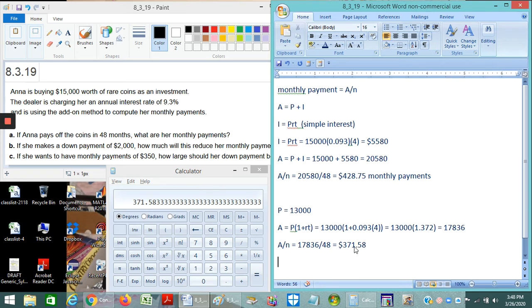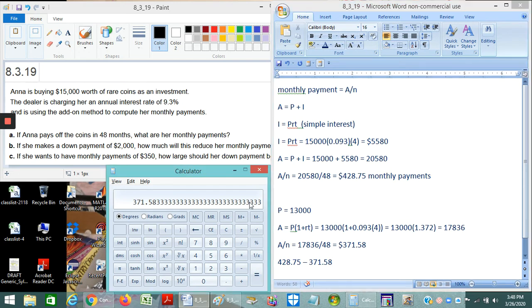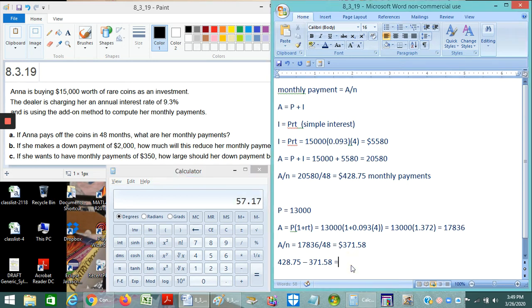If her monthly payments were previously 428.75 and her monthly payments are now 371.58, then how much money is she saving a month by making a $2,000 down payment? 428.75 minus 371.58 is $57.17 saved per month.